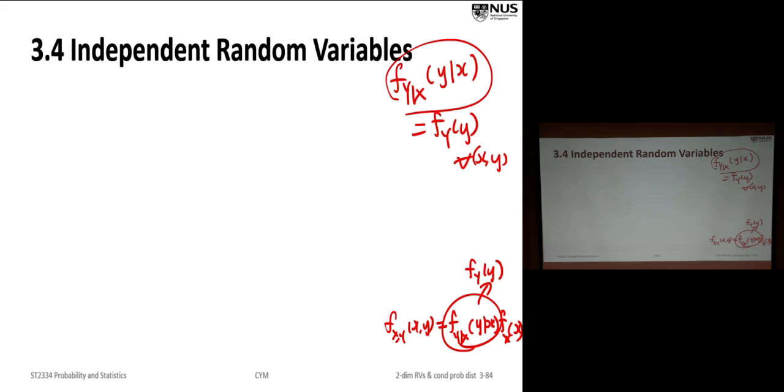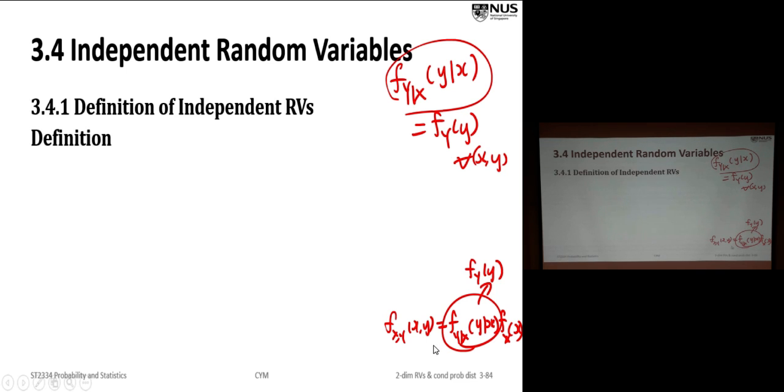But now we're saying that it doesn't matter. The joint distribution only depends on each individual marginal. All right? So x and y are independent, and the joint distribution is just equal to the product of the marginal distributions. So that's what we are going to discuss.